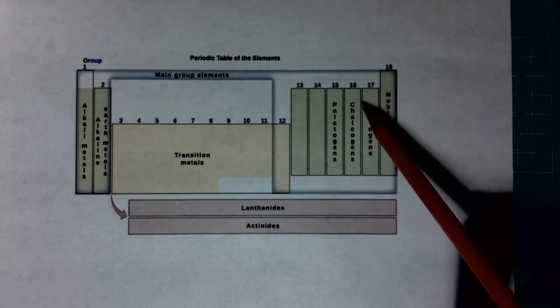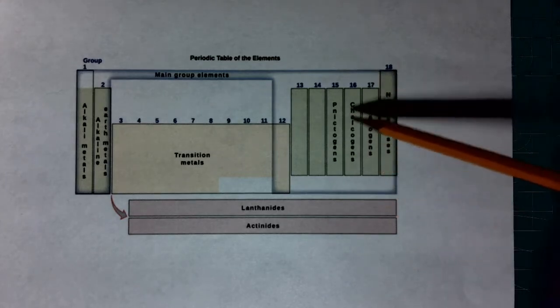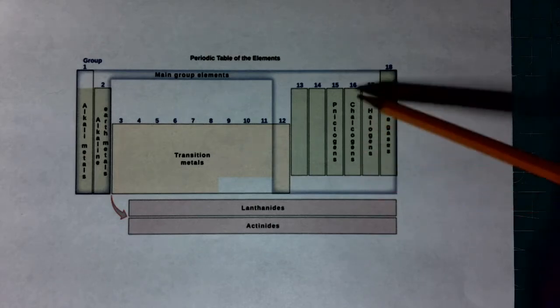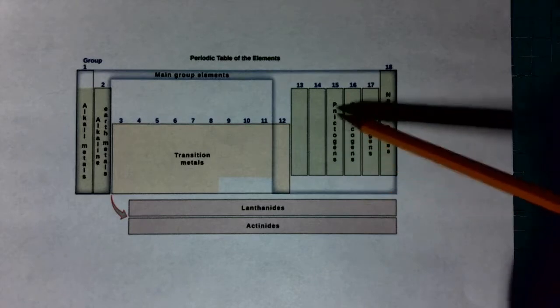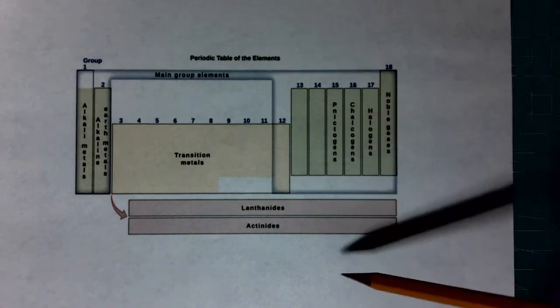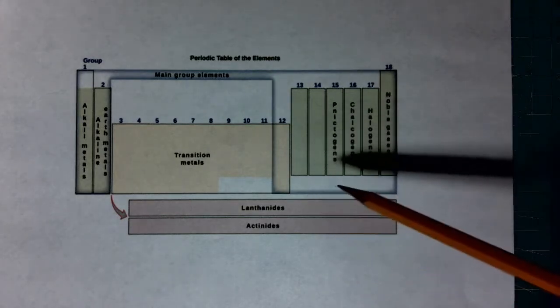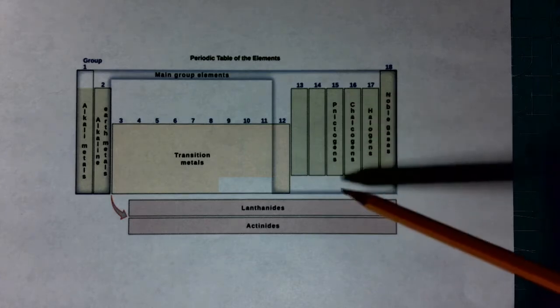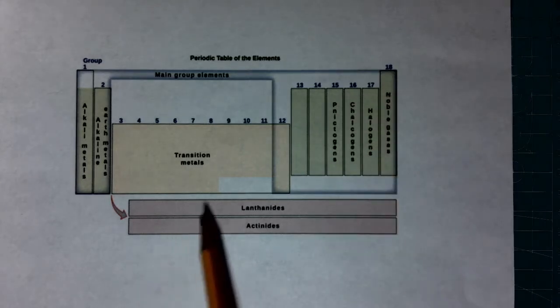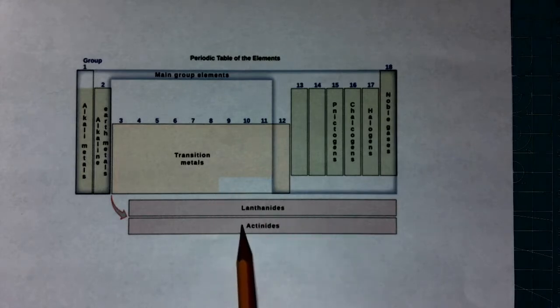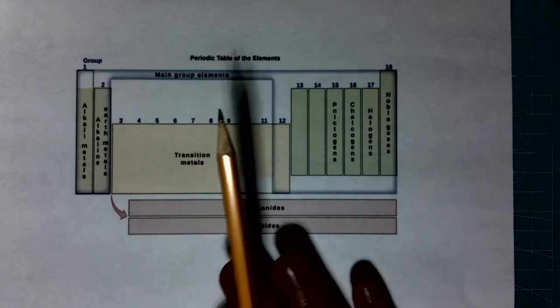Then 16, we've got our chalcogens. And then 15 are called the pnictogens. There will be some homework questions on that, so you should be able to recognize that. And then we have what they call the lanthanide series and the actinide series. Here is that piece that I showed you that comes down there.